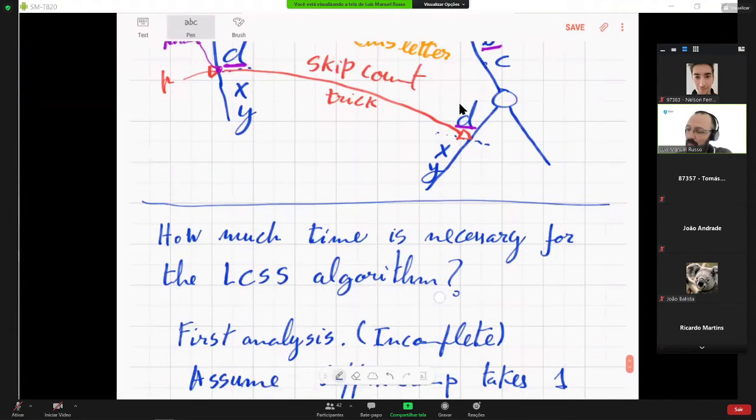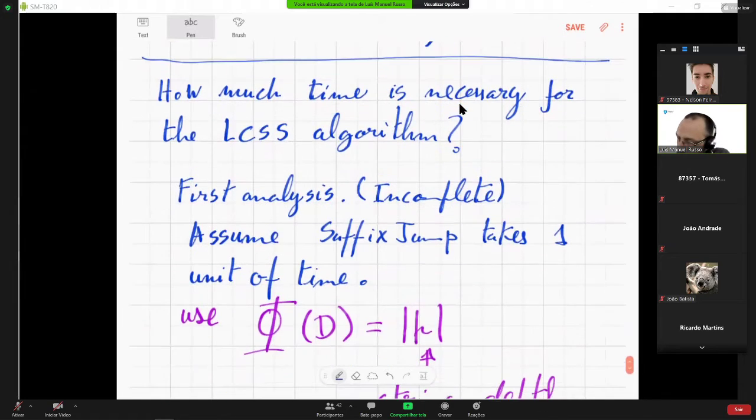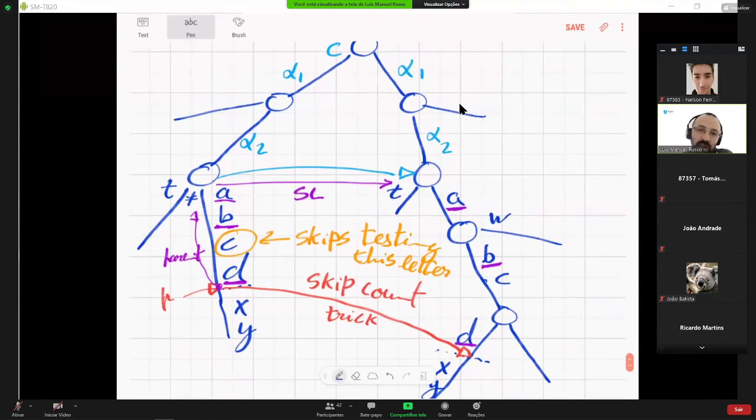So what happens here? When we're using the skip count trick, this is not constant, right? Because on this side it's constant. I always go to the parent, I always follow the suffix link. That's always the same, right? But here I might need to check a couple of letters, several letters, okay?